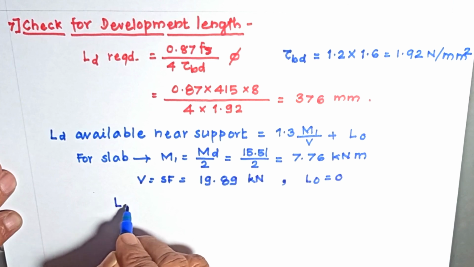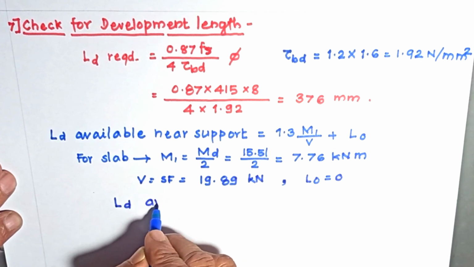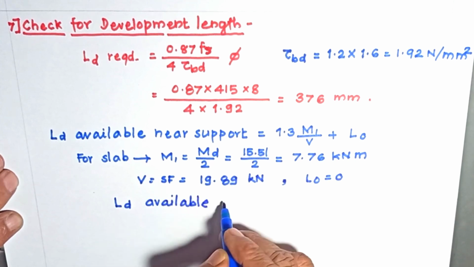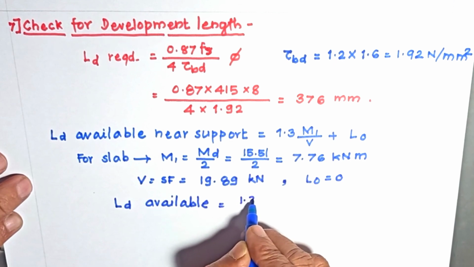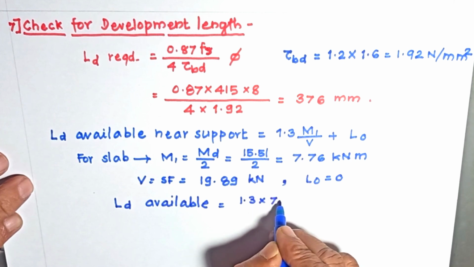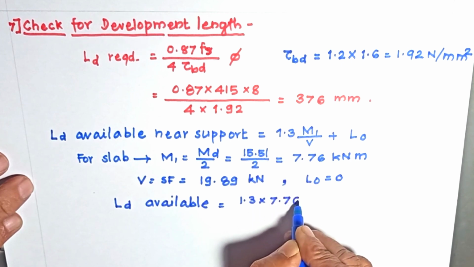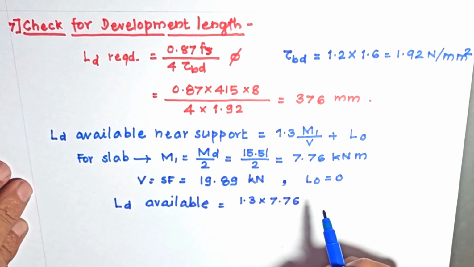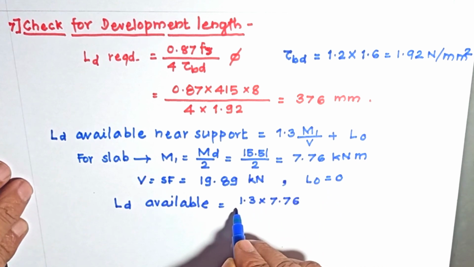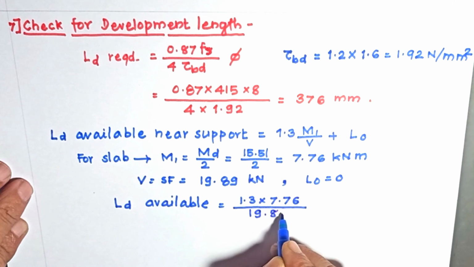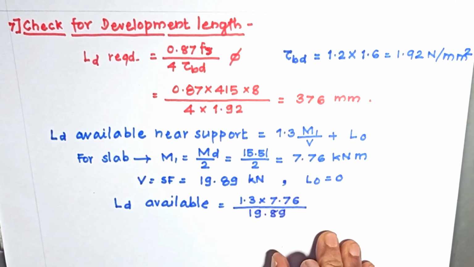Then LD available will be equal to 1.3 M1. What is M1? 7.76 kilonewton meter divided by 19.89, this is also kilonewton.